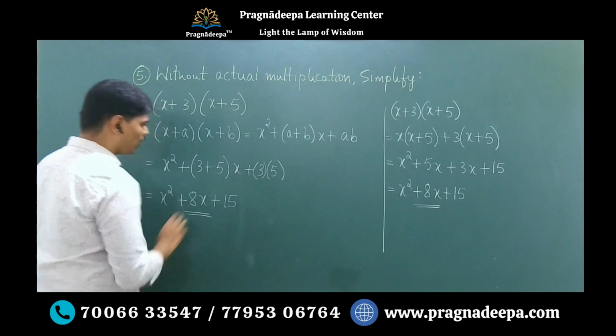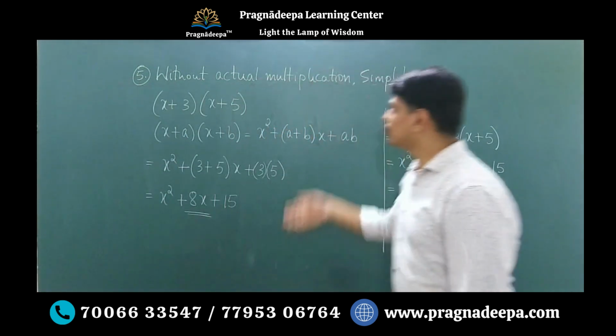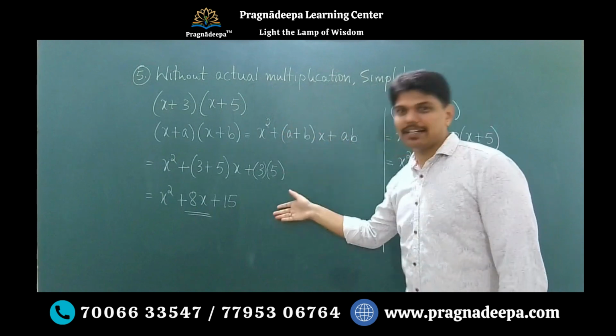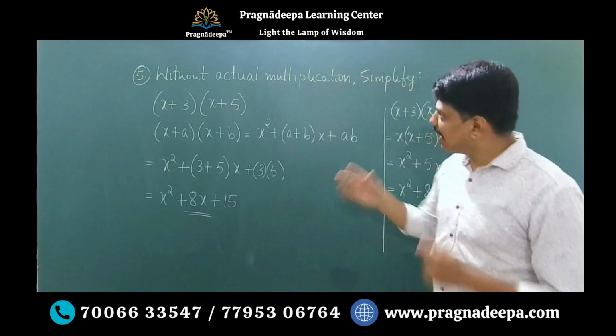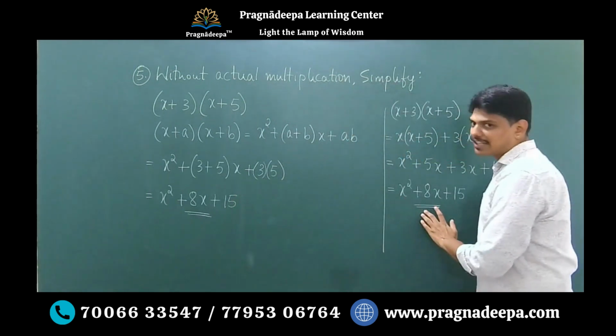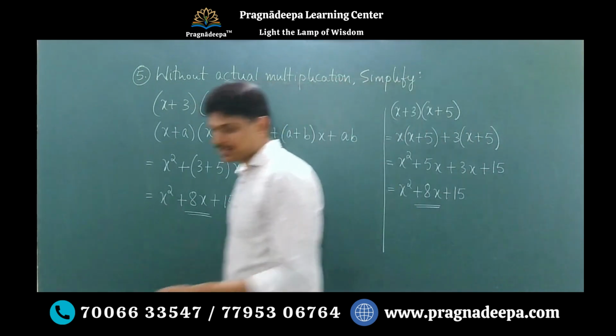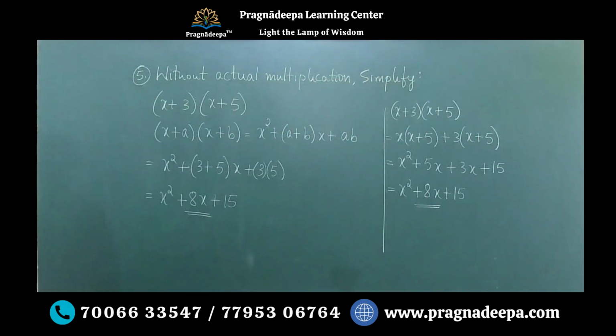See, you ended up with the same answer whether you do actual multiplication or algebraic identity. Whichever method you solve the problem by, students, the final answer should be the same. If you do it in another method and get a different answer, no, there is no such concept in maths.